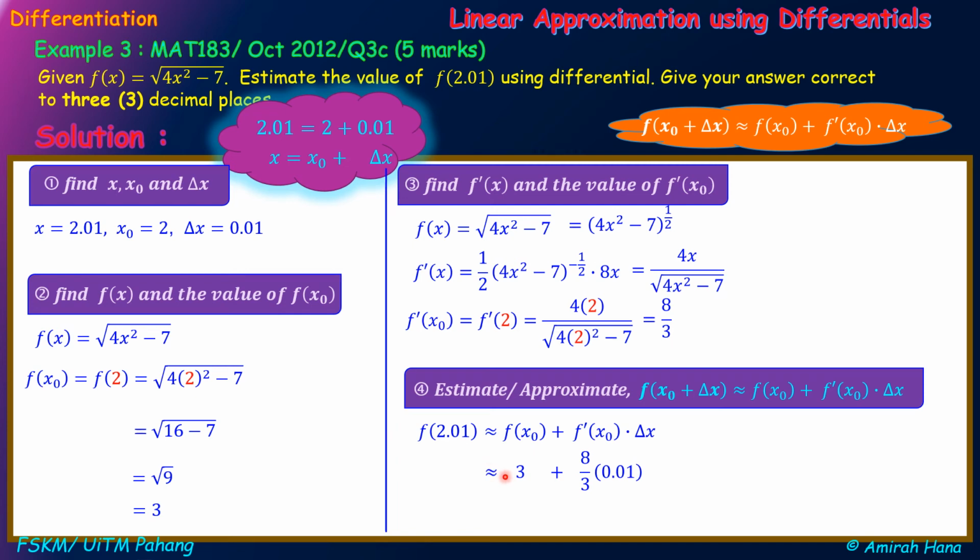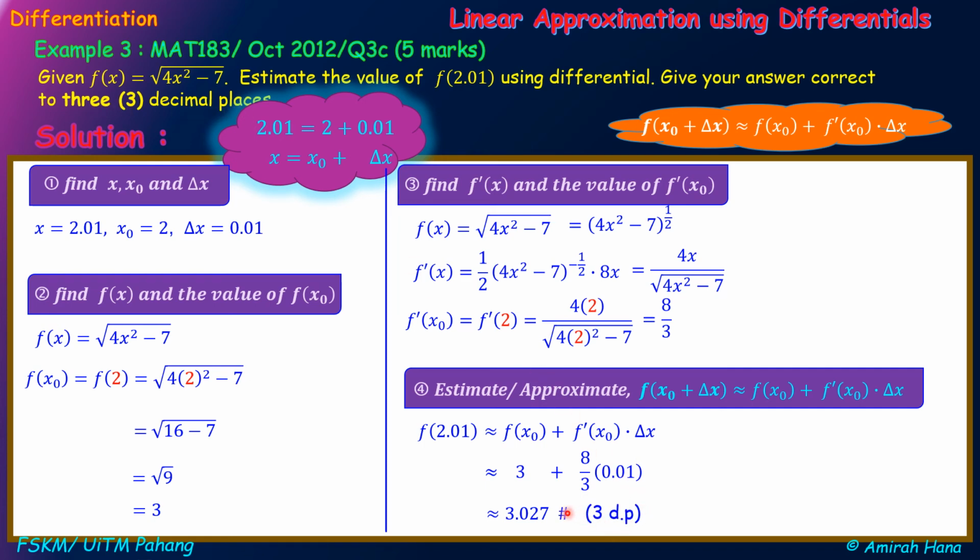So we just replace: f of x naught equals 3, f prime x naught equals 8 over 3, and delta x equals 0.01. When we simplify, we have 3.027, correct to 3 decimal places.